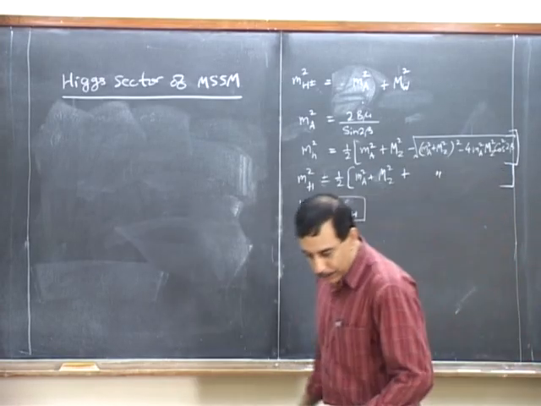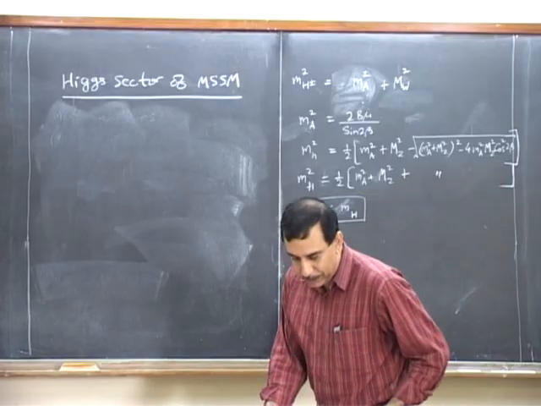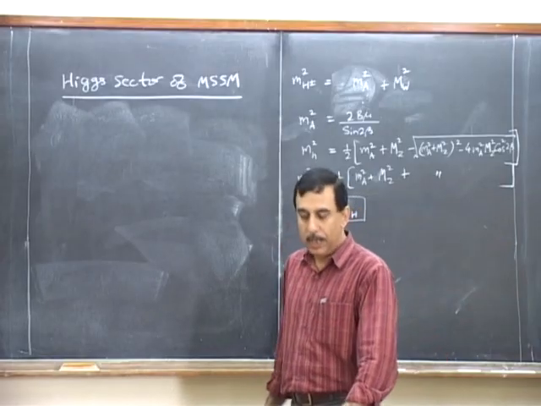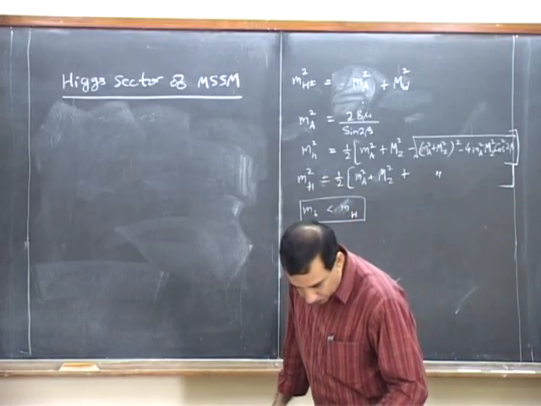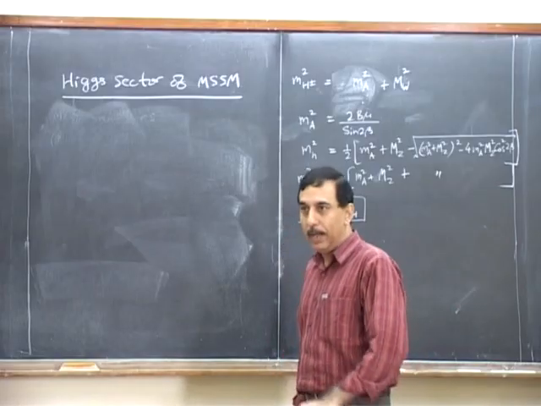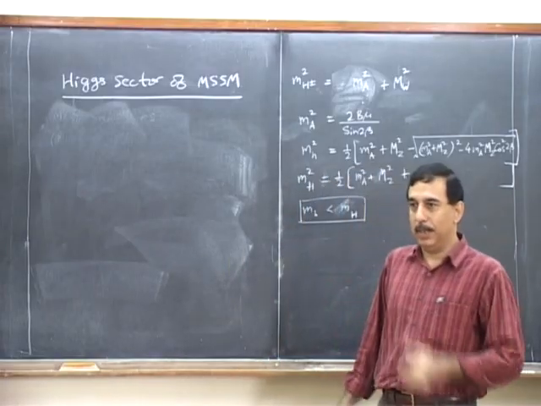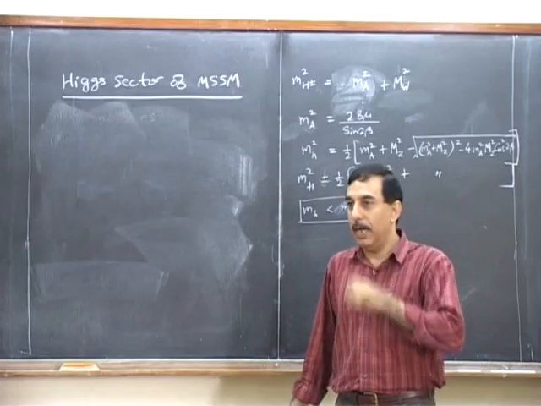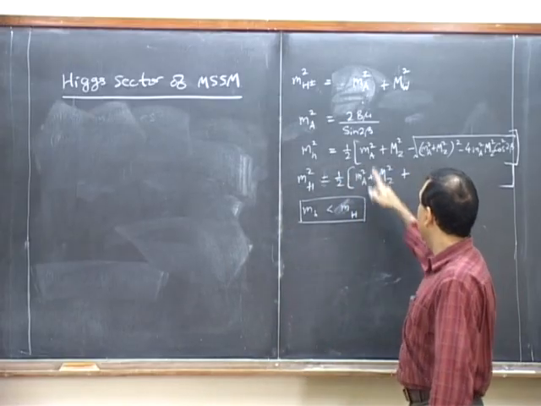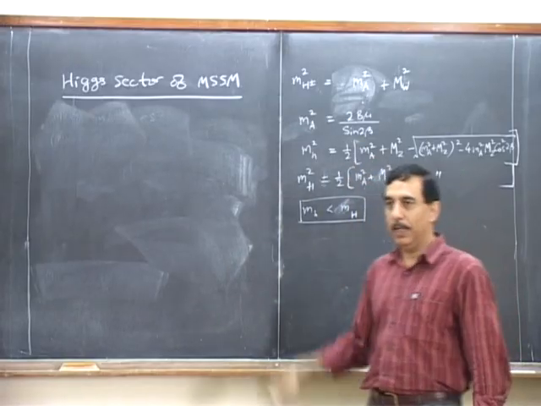There was an equation, which was the minimizing equation for the potential. In that equation, M1 squared and M2 squared appear on one side, and the soft breaking term B mu appears on the other side. And also the Z or W mass appears in that.